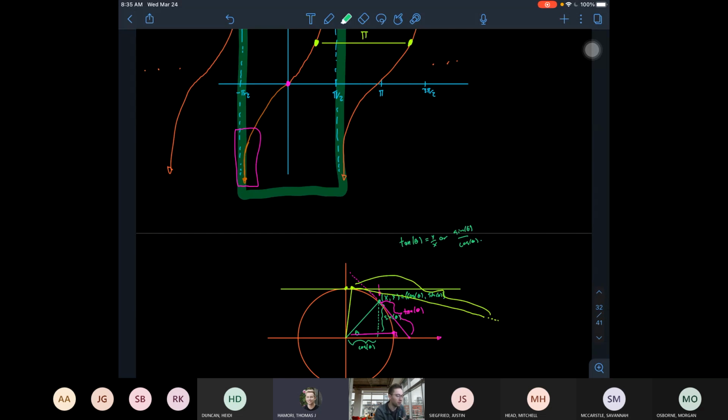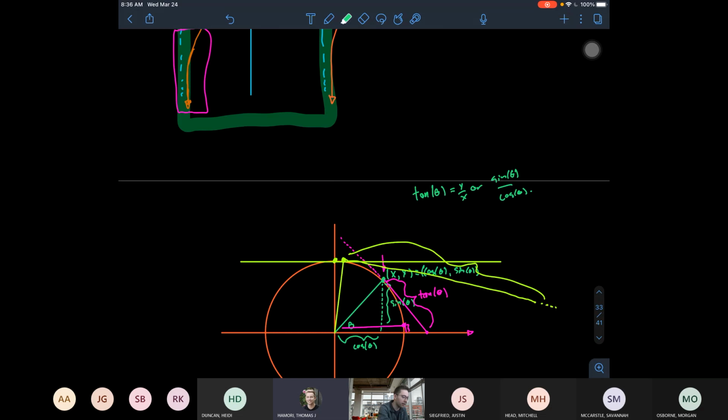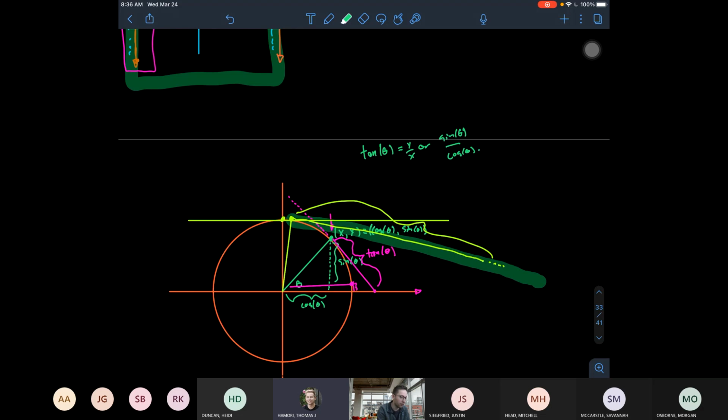It comes from the unit circle, right? It's the length of this tangent line which goes from a point on the circle, for a given angle theta, down to the x-axis, and it exists independently of its definition.